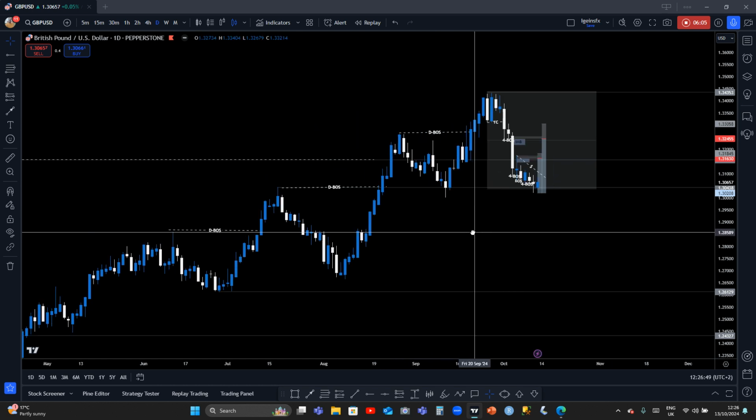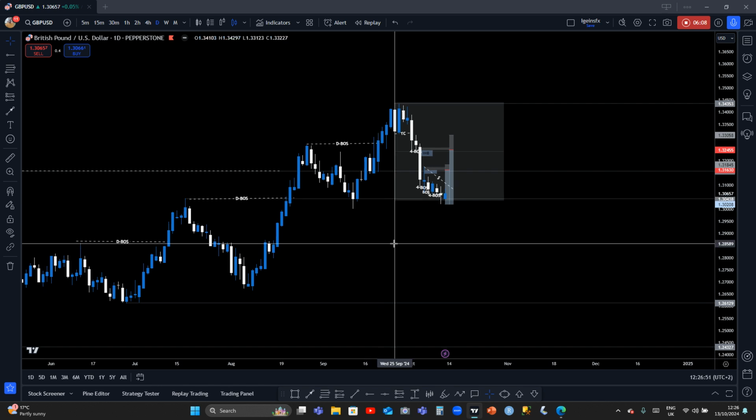Remember, there is what we call time correlation. The best time to place your trade is when your entry time frame correlates with the higher time frame.